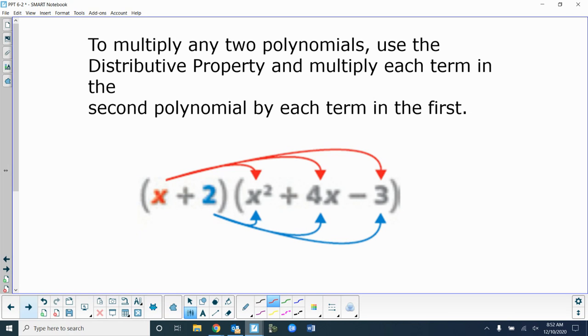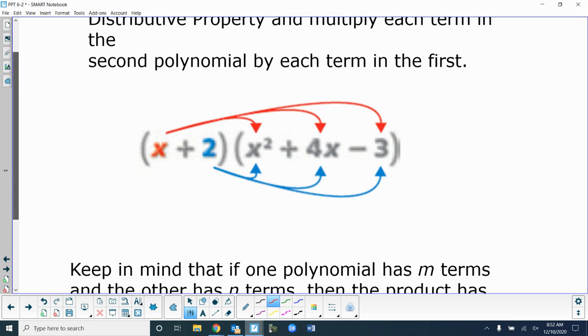How about we get 2 and 3? A binomial times a trinomial. How many answers? How many terms? 6. Yes. Okay. So, x times x squared, x cubed. X times 4x, 4x squared.